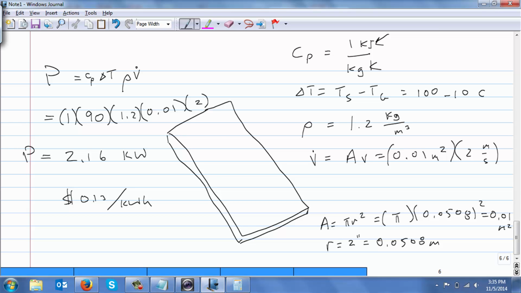Then you could get a payback period for this device, a couple hundred dollar device, whatever it happens to be. Run this thing for 10 hours, there's $13. Run it for 100 hours, there's $130. So run it for a couple hundred hours, it's paid for itself.